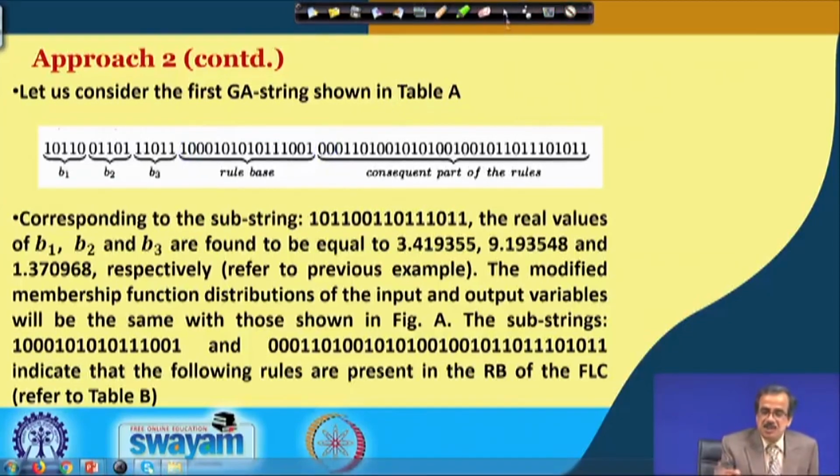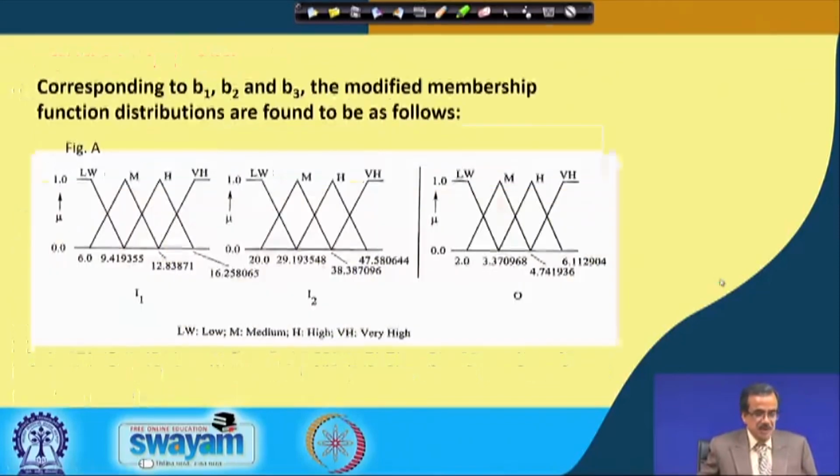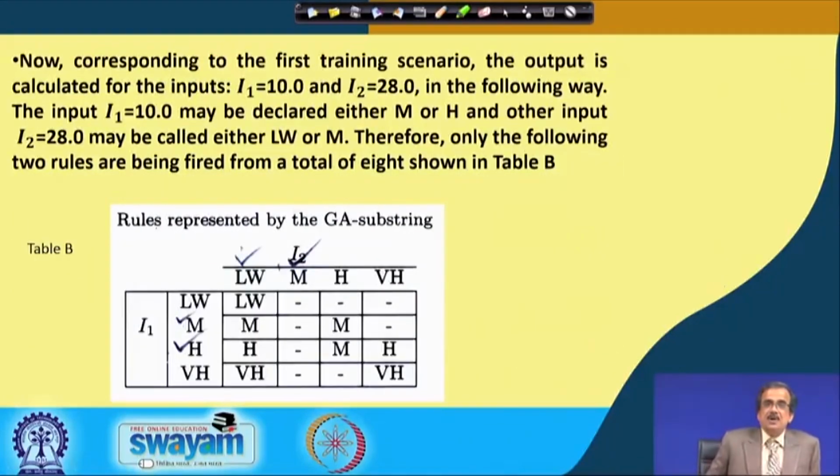Now, if I see this table, I can find out, according to that particular substring, the rules which are present. If I 1 is low and I 2 is low, then the output is low.